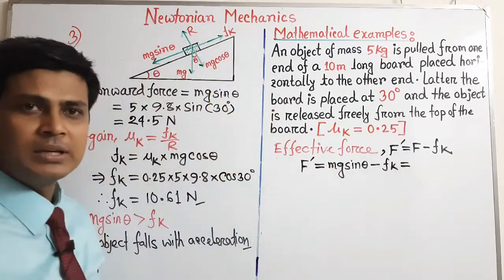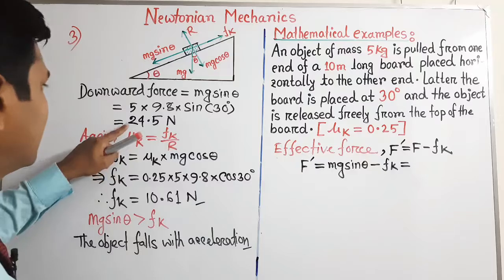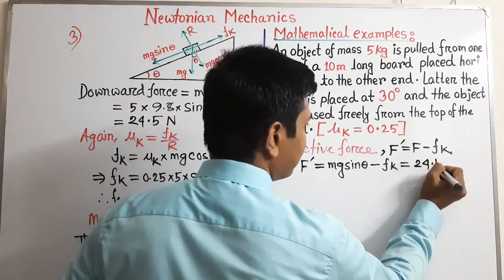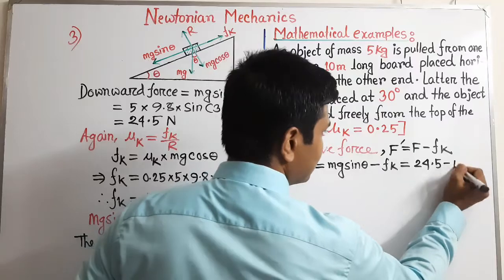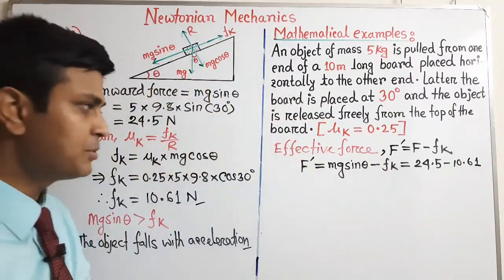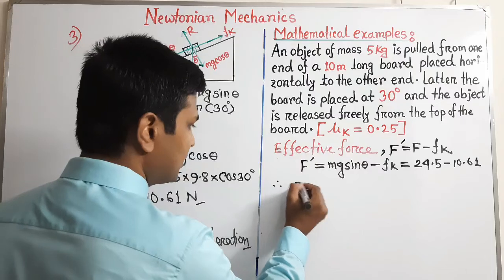We already calculated mg sin theta, which is 24.5, and the frictional force is 10.61. So after calculating this expression we will get the result.